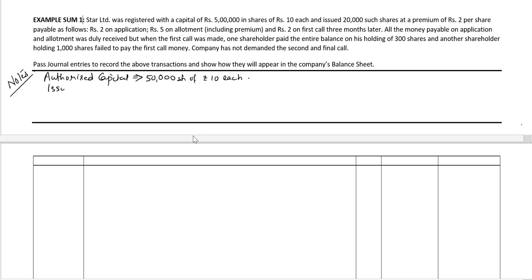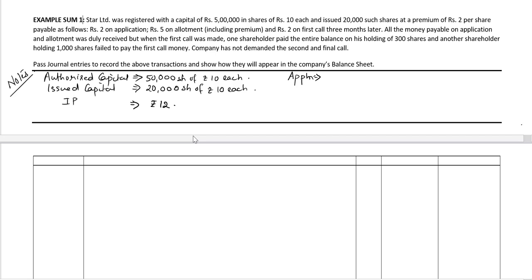The issued capital is 20,000 shares of rupees 10 each. The issue price is rupees 12. We'll write the breakup down here.